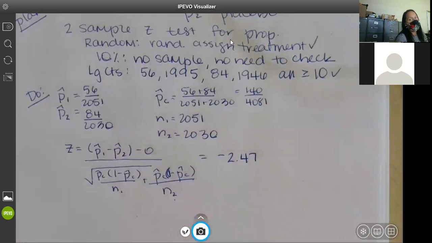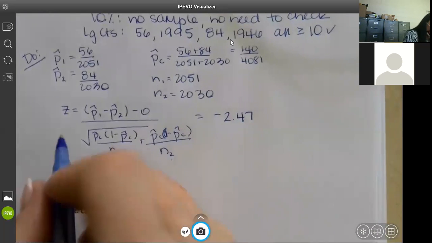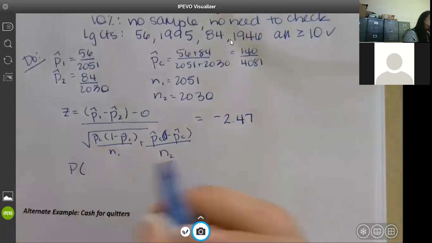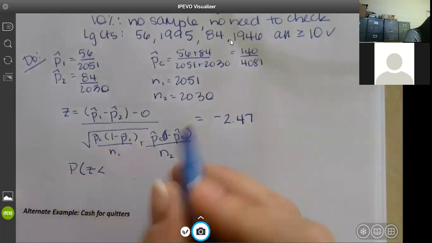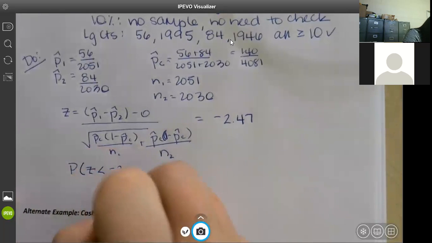And we'll get negative 2.47. What do I do now? I would go ahead and write my probability. What symbol am I going to use here? Less than, because the alternate says that. Negative 2.47.